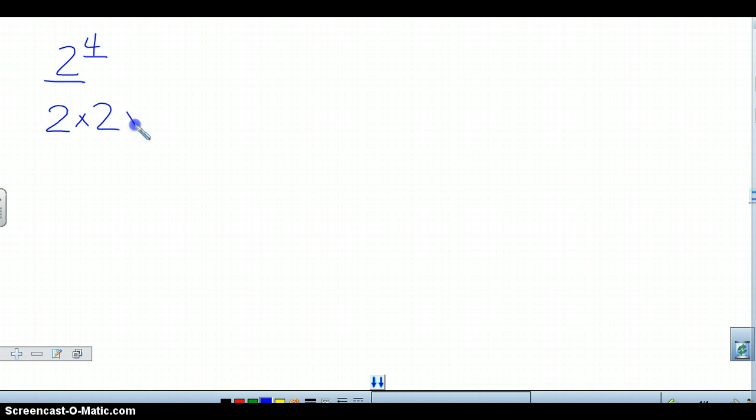So 1, 2, 3, 4. Now I can see this, and now I have to figure out the actual answer. 2 times 2 is 4. 4 times 2 is 8. 8 times 2 is 16. So standard form, 16 is the answer.